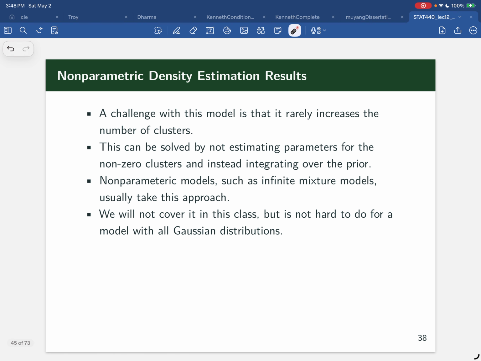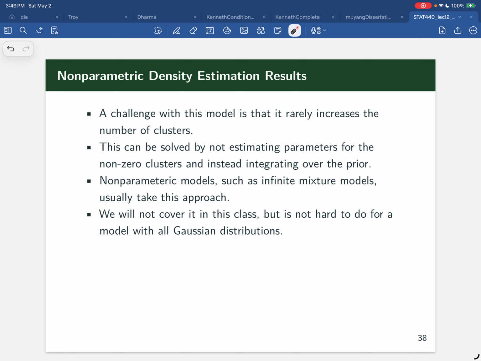Okay, so there are some tweaks, and one of the challenges is dealing with the number of clusters, and this slide talks a little bit about that. A challenge with this model is that it rarely increases the number of clusters.